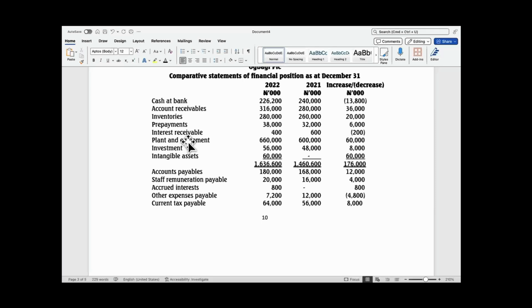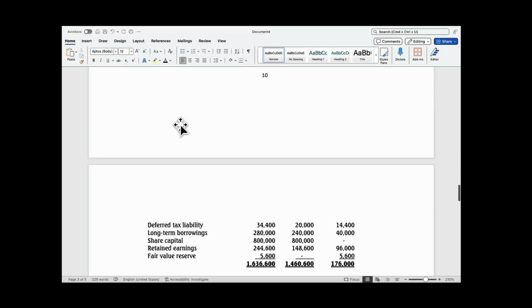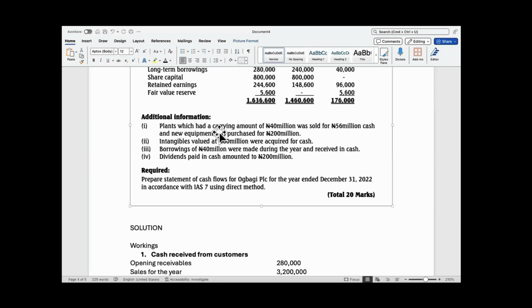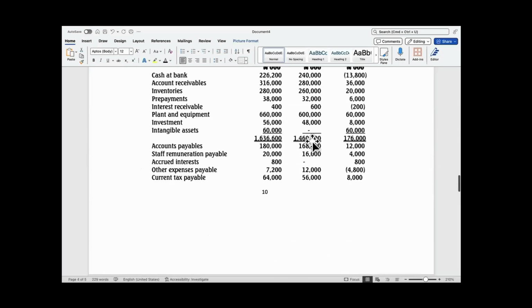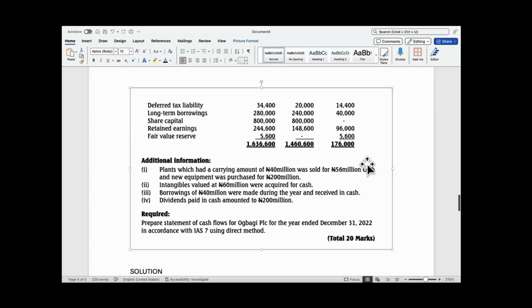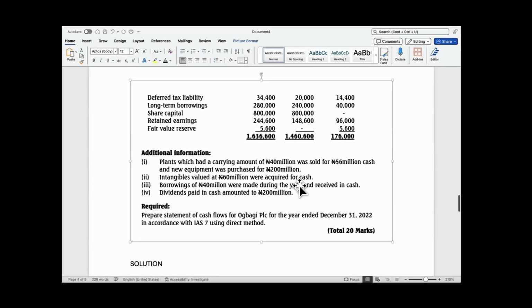But here, they have made your life easy, because in this additional information one, they told us that plant with a carrying amount of 40 million was sold for 56 million cash, and another plant was bought for 200 million.